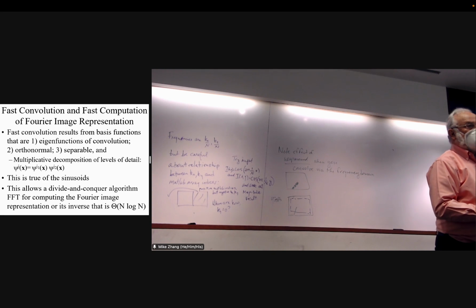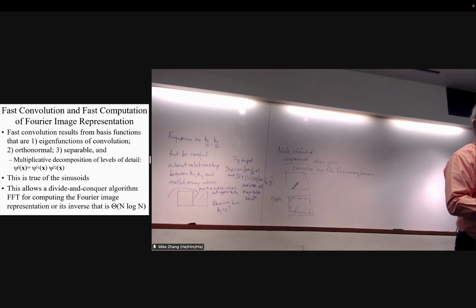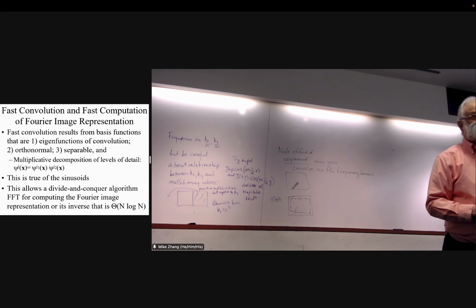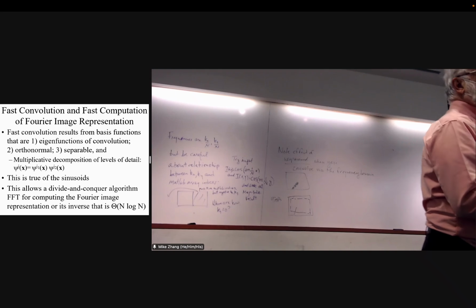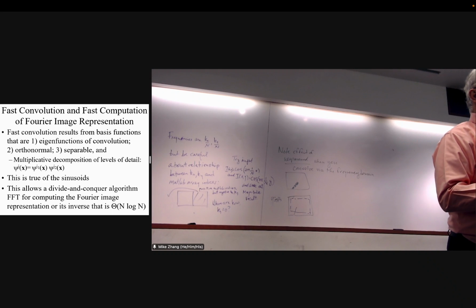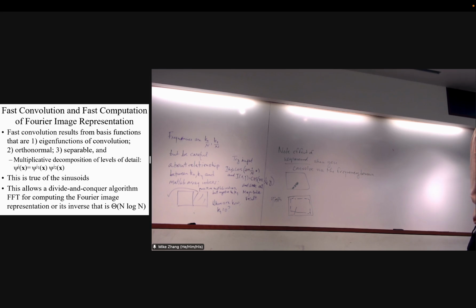Okay, so why is convolution in the frequency domain so fast? Well, it's basically fast because there exists a divide and conquer algorithm for doing it. And for the divide and conquer algorithm to work, it needs three properties, all of which are held by the sinusoids.